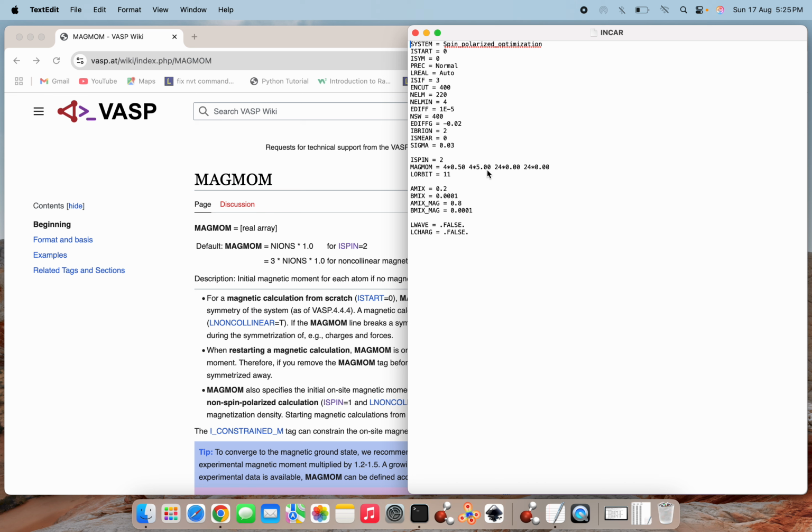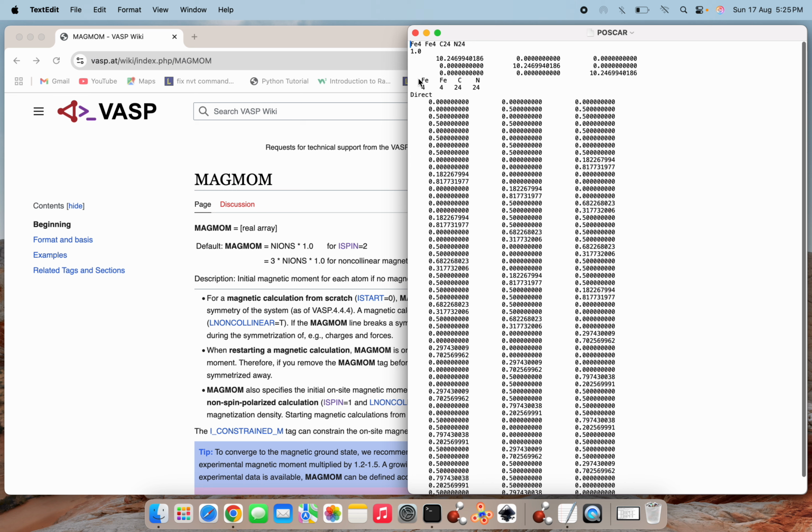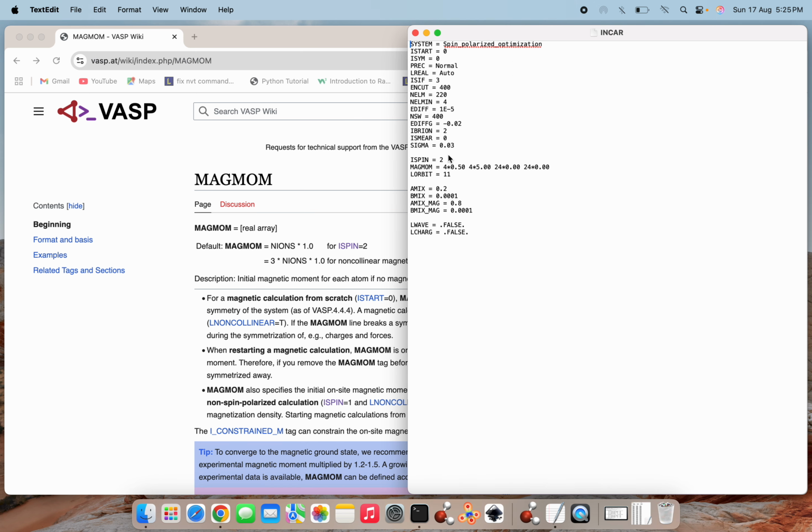So this MAGMOM will also suggest which atom is in high spin and which atom is in low spin. So depending on the magnetic moment value, the first Fe group, like the first 4 Fe in our POSCAR, is in the low spin state.